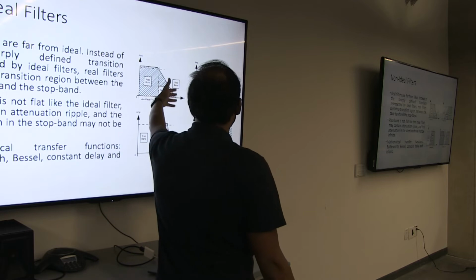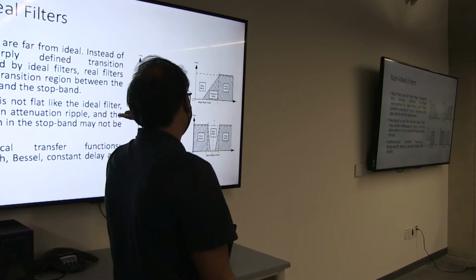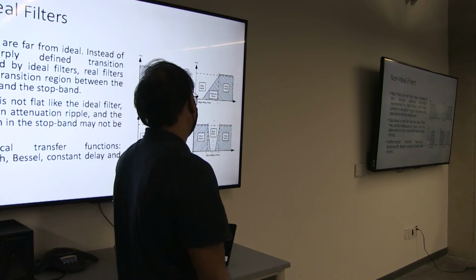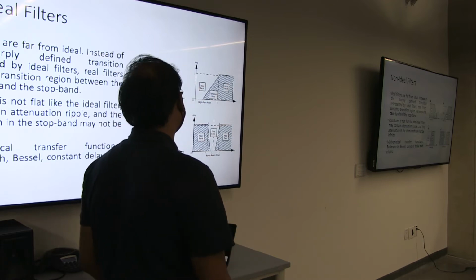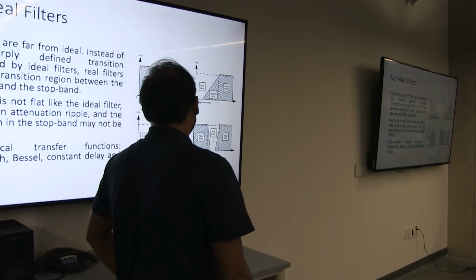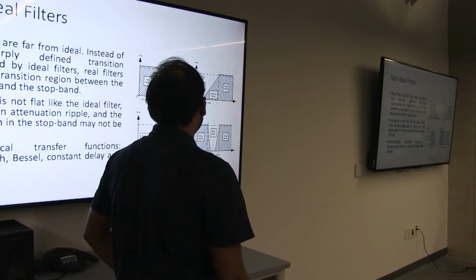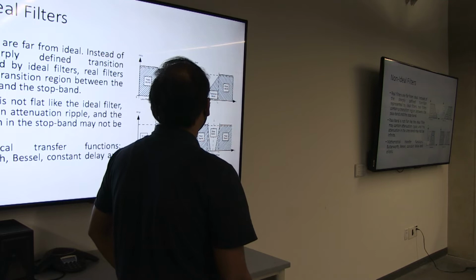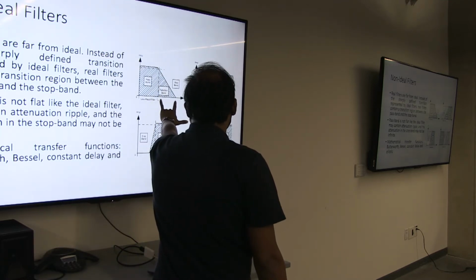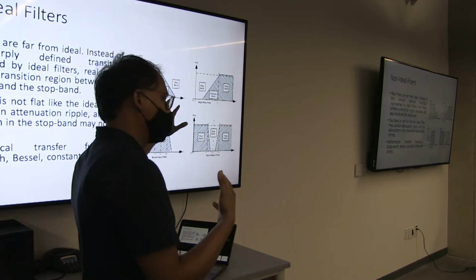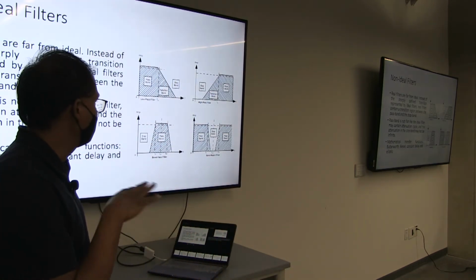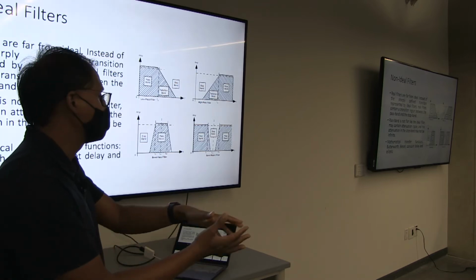First is what the slope of this transition band should be, which will lead to the order of the filter. And here we will still have some frequency components that are attenuated but are still let into the signal processing chain after the filter.